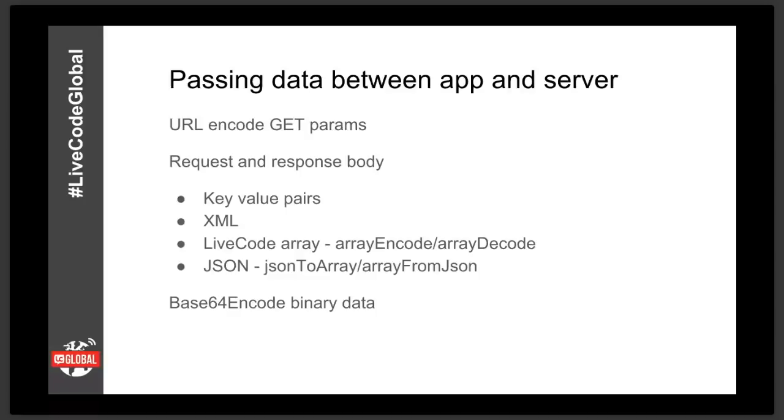Array to JSON will take a LiveCode array and encode it into JSON, and JSON to array will do the exact opposite. It will take a JSON blob and convert it back to a LiveCode array. So on the client side you'll run array to JSON, and on the server side you'll run JSON to array, and that will make sure you've posted all the data up correctly, so the server sees that you want to create a note with a given set of attachments, a given set of categories, and a title and a body.